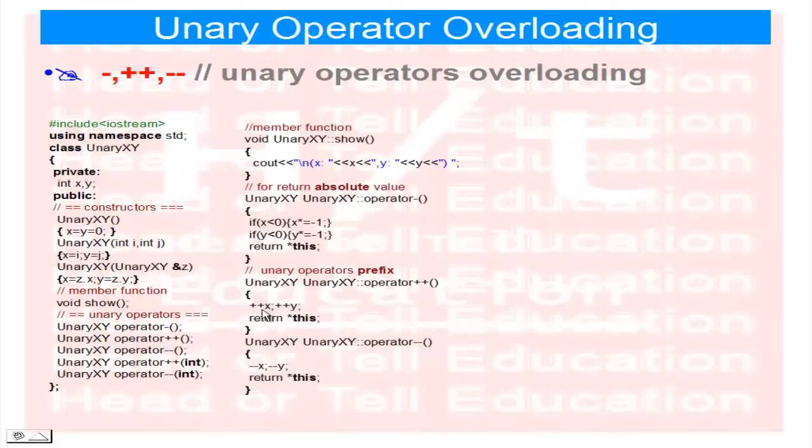Then we include plus plus x and plus plus y and return the pointer to this. So this is for prefix. Next, minus minus prefix is the same: return type unary xy colon colon operator minus minus, with minus minus x and minus minus y, and return the class object this again. So these two functions are for prefix.